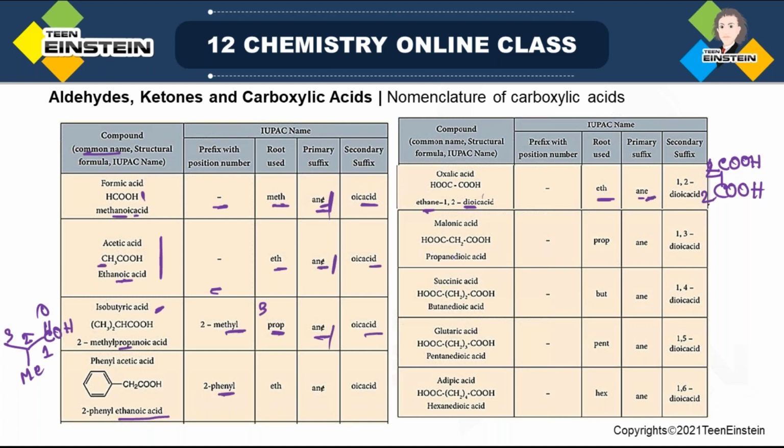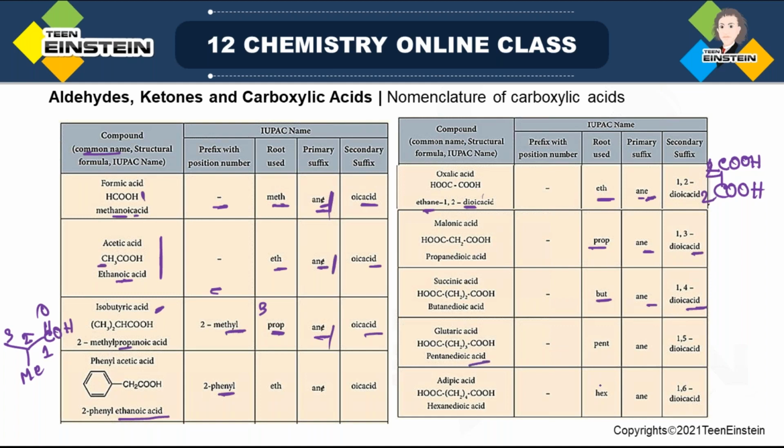Then CO2H, CH2, CO2H. In between these 2 CO2H, you have 1 CH2 extra. So now the longest chain is 3 carbon. So it is prop, then an, and you have to mention the position of the acid. It is at terminal positions 1 and 3. Then butane dioic acid. So gradually we are increasing 1 carbon. So it is but an, 1 and 4, terminal positions.